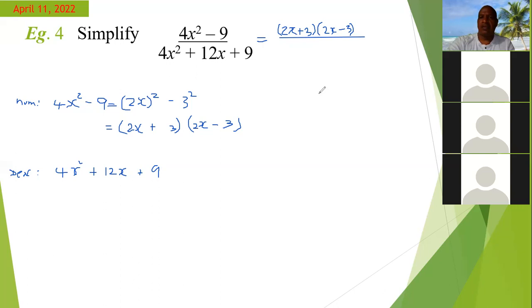Okay, so you get 2x plus 3 all squared. All right, so that would tell you that this is a perfect square. And if you had used the perfect square method, then what you would have done is to write the 4 in its squared form. So you would write that as 2 squared.